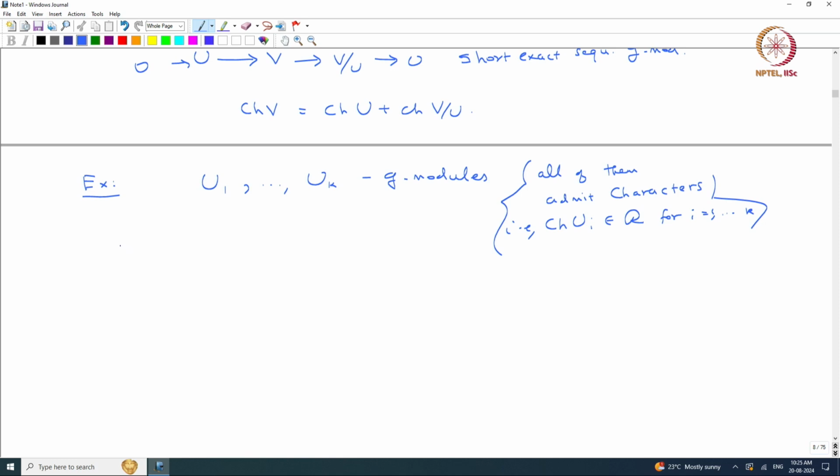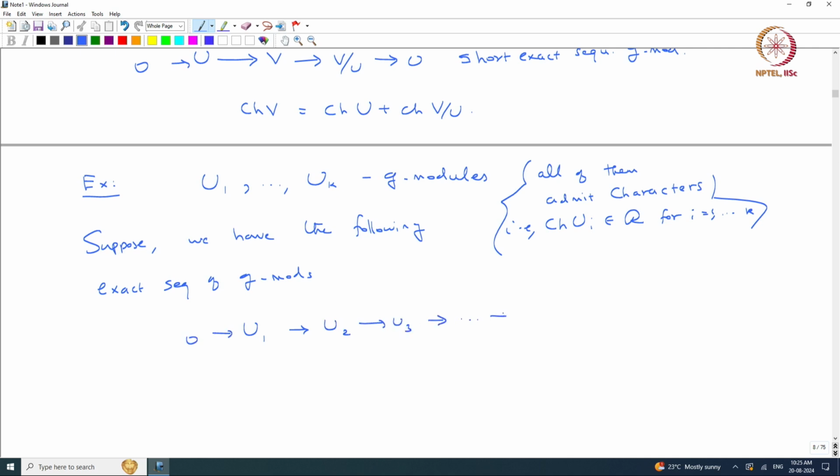Suppose we have the following exact sequence of G modules, something like this: U1 contained in U2, contained in U3, arrow UK to 0.